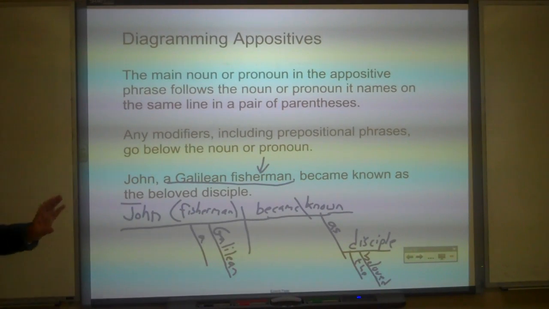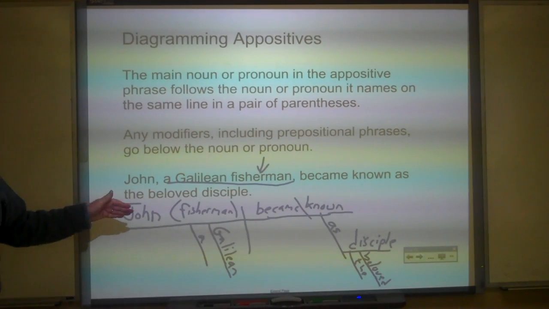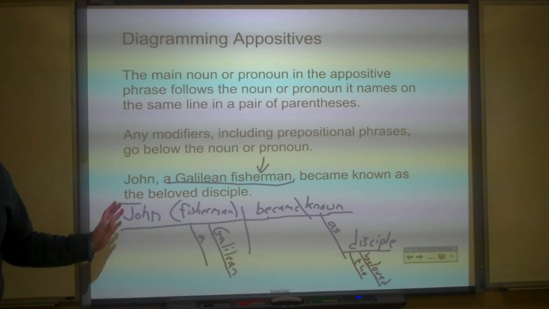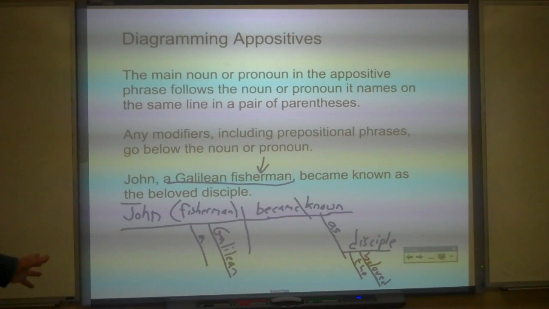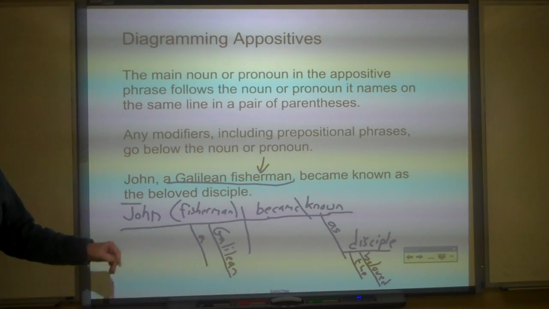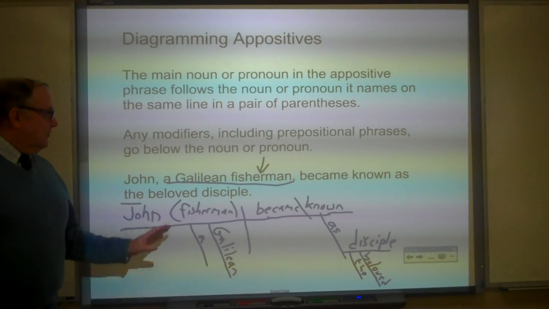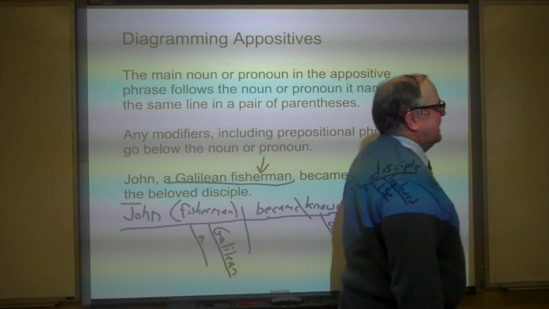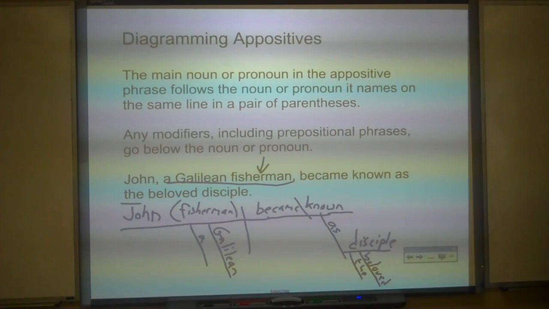So see how that works. Really pretty simple. Because it's a noun, it goes on a horizontal line. Because it's renaming another noun that's already on a horizontal line, it goes on the same line. The noun it renames is the main noun of the appositive in parentheses. So I think you can see how that works.